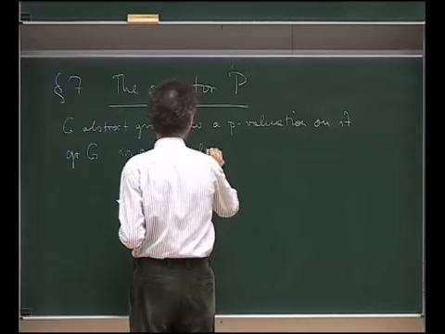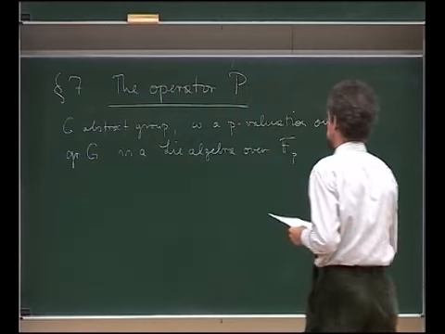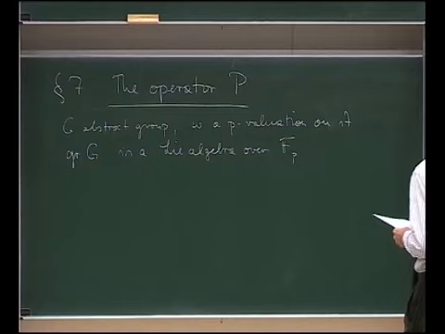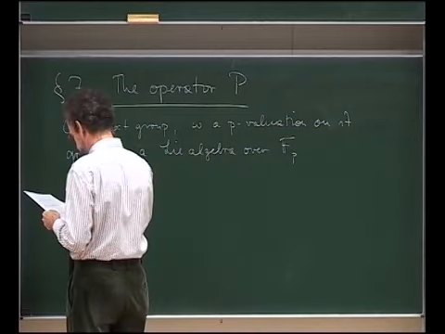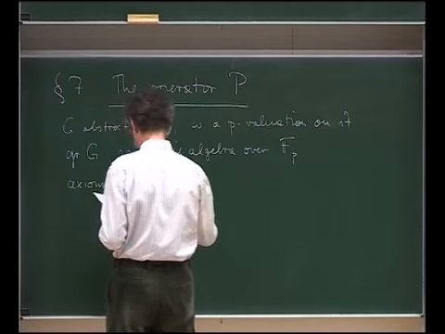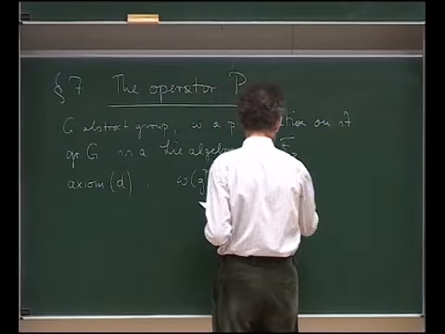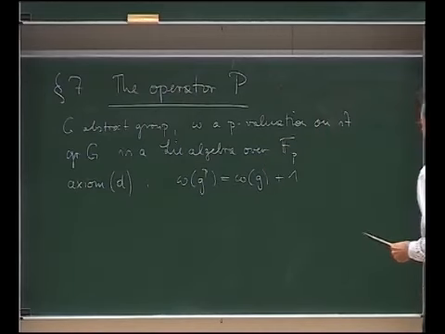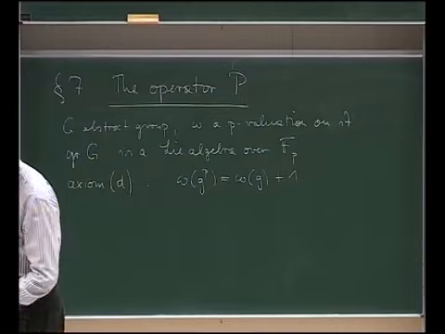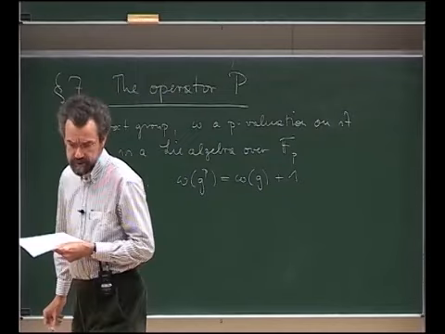And then we formed the graded group, and we know already it is a graded Lie algebra over F_p. The Lie bracket is given by the commutator. But then also, of course, our axiom D was that omega(g^p) is omega(g) plus 1. So we want to use this. Somehow it hasn't been used yet for the structure of this graded Lie algebra.